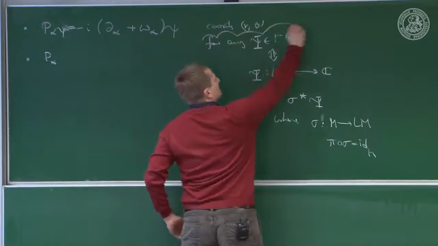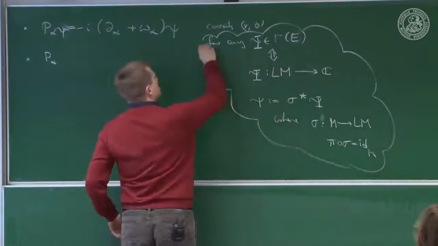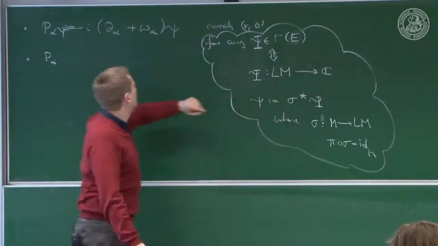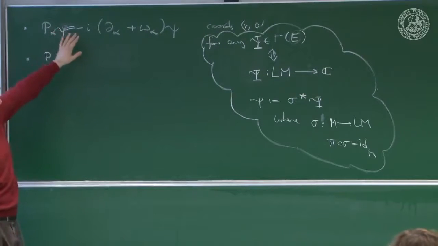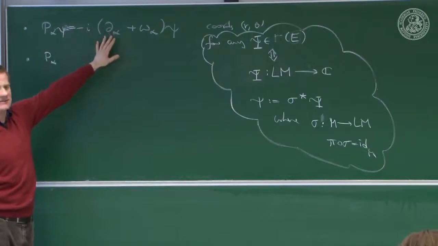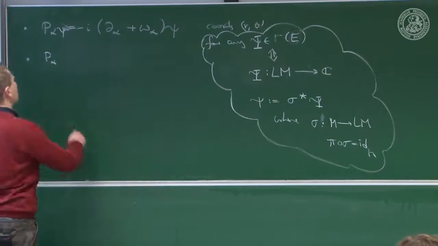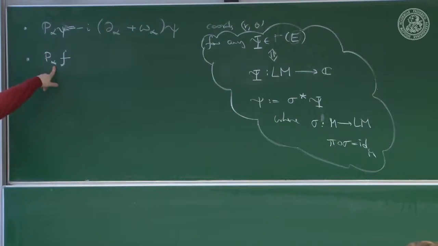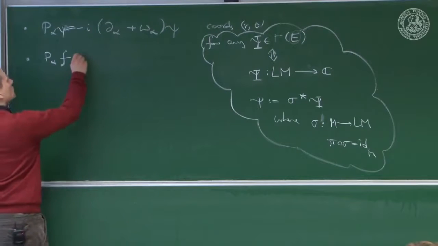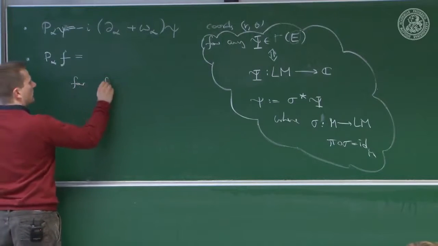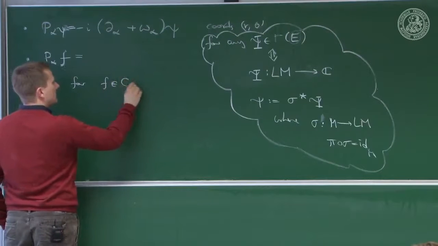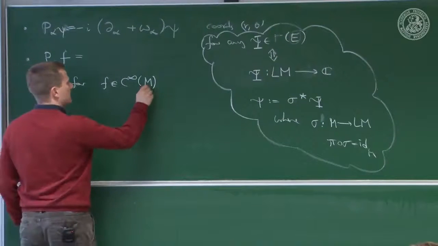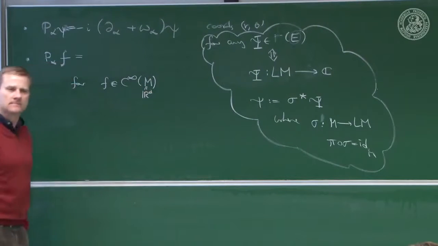So I put this in the cloud because when we later on want to make the transition to this, we'll have to take into account what this psi is. But the moment we treat it like this, it's being derived by a covariant derivative. Now, however, what would happen if we apply the same momentum operator to a function f which now really is a smooth function on the base space, which we can say is R^d as a manifold, okay?